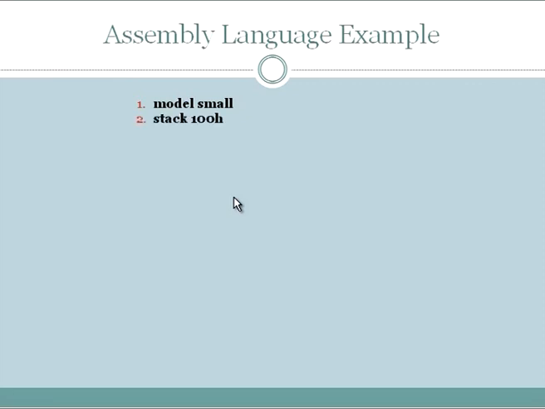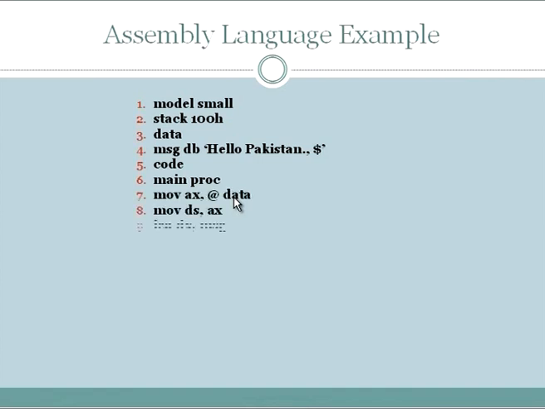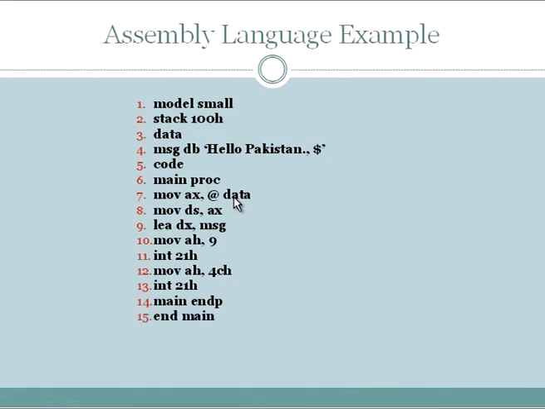Assembly language is also considered a low-level language. This example on the screen shows a program coded in assembly language, and this program is designed to display the message "Hello Pakistan" on the computer screen.